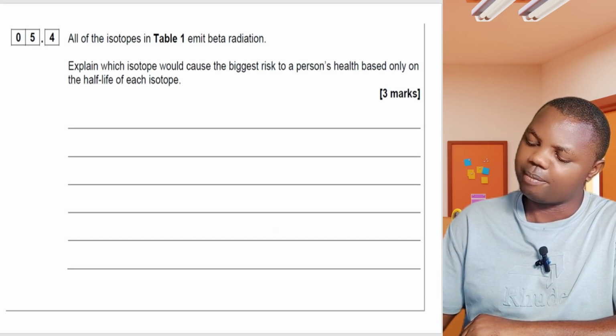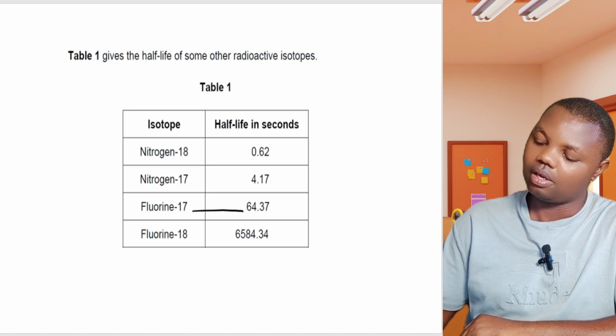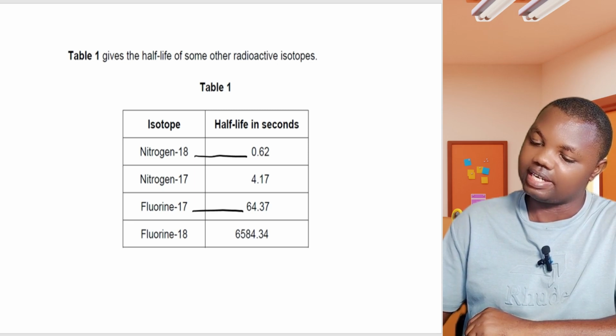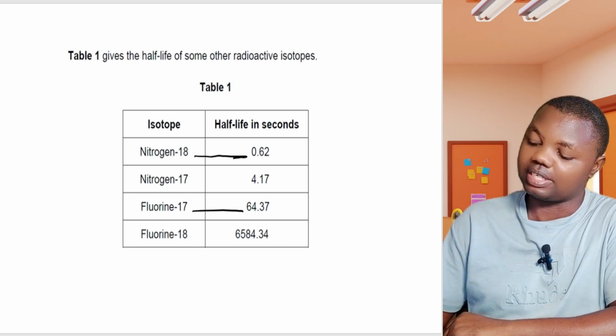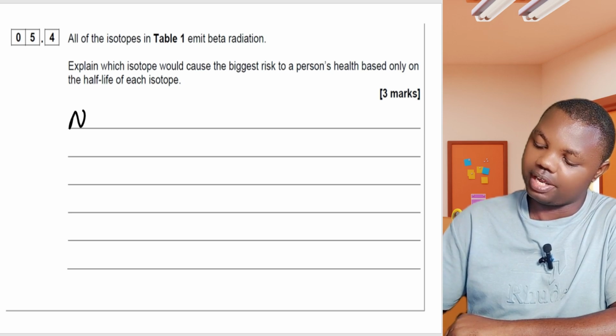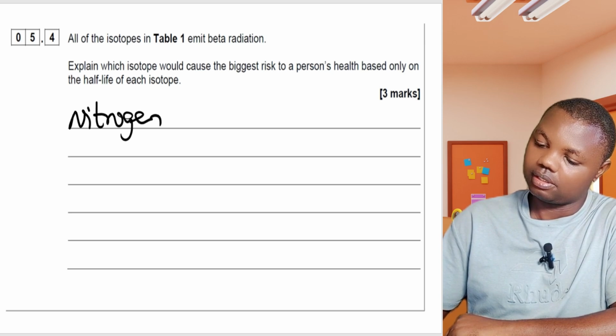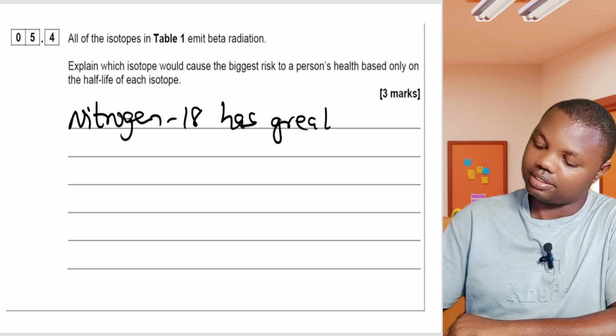All of the isotopes in table 1 emit beta radiation. Explain which isotope will cause the biggest risk to a person's health based only on the half-life of each isotope. From the half-life here, we can see that nitrogen-18 has the lowest half-life, so we can say nitrogen-18 has the greatest activity.